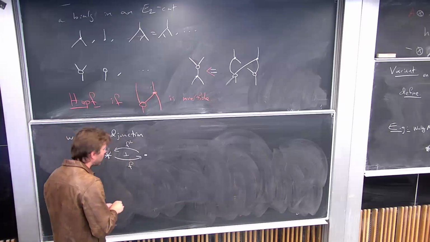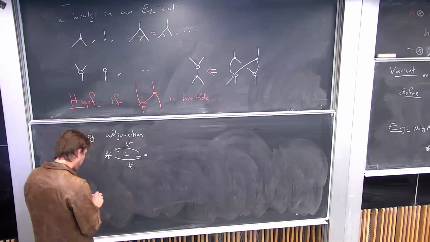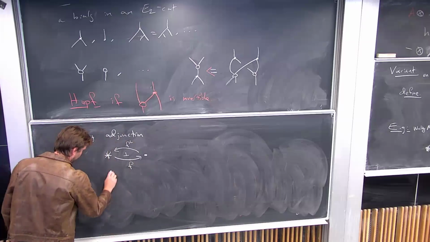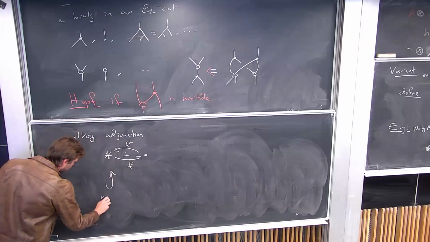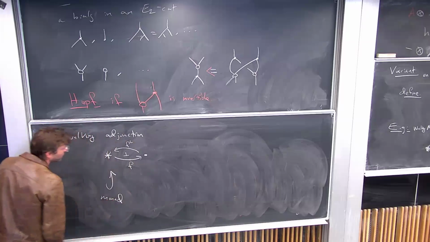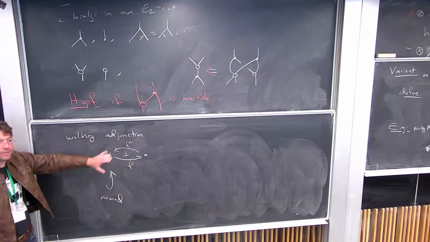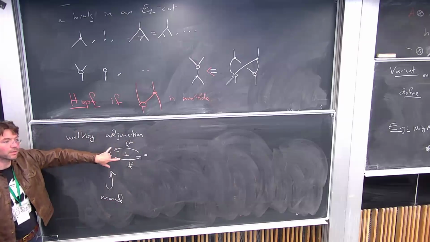And the walking monad embeds fully faithfully into the walking adjunction. Well, that's what I told you at the very beginning. I told you that if you have an adjunction, then you can look at some composition and restrict and get a monad.